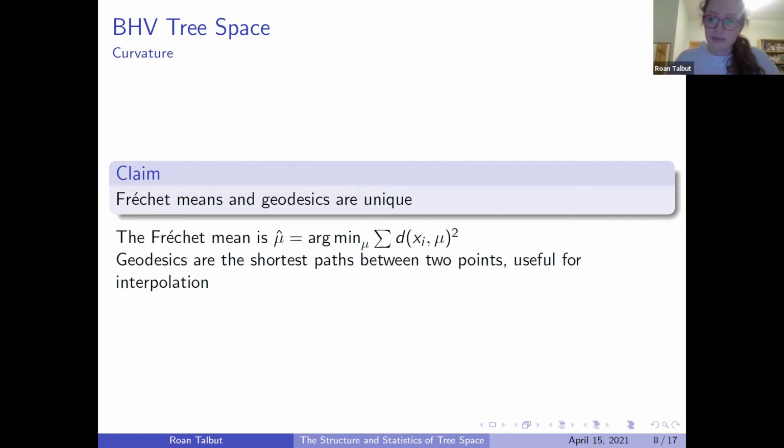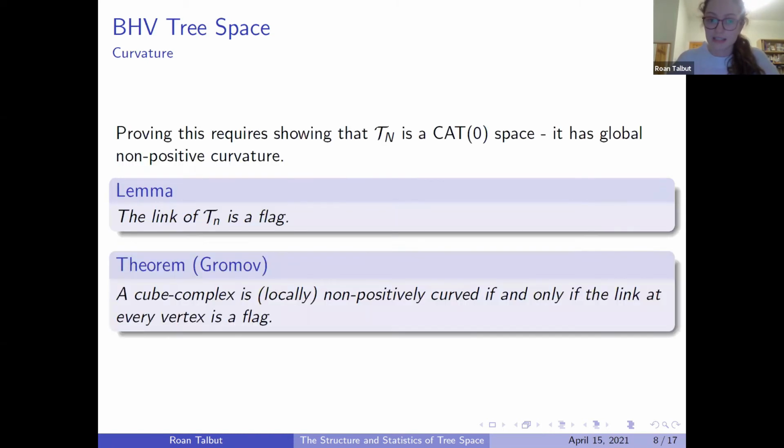And in terms of the results which give us these unique Frechet means and geodesics, it follows from 2 lovely results here, which I'm not going to get into in too much detail, but for the geometrically curious amongst you, they're really nice results. Effectively, the idea is to show that this space has some sense of global non-positive curvature.